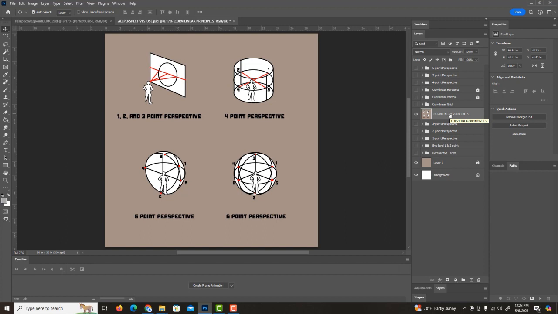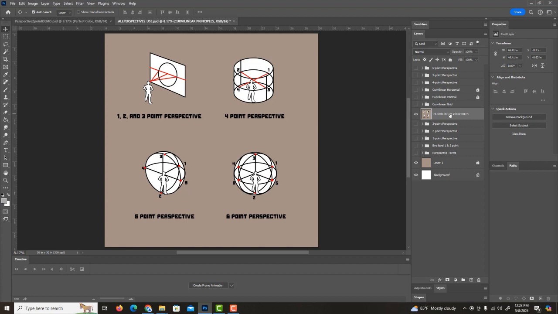So 1-point perspective, 2-point perspective, and 3-point perspective are your linear perspectives. That means the picture plane is flat. There is also curvilinear perspectives, and that's when you try to represent the curved space around you onto a 2-dimensional surface.